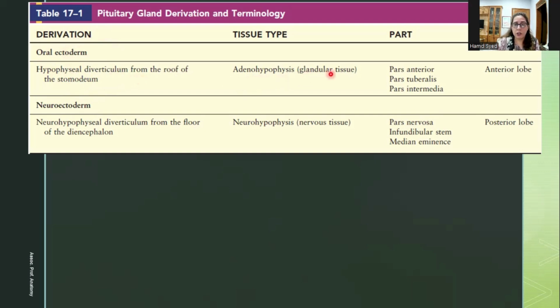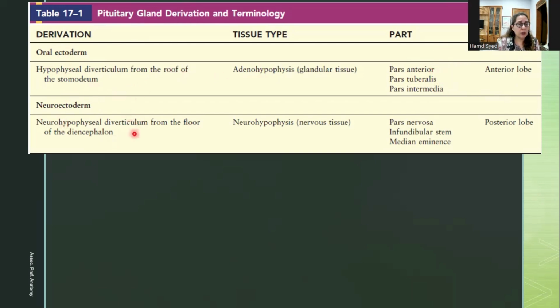This is the glandular tissue, and it is subdivided into three segments, namely pars anterior, pars tuberalis, and pars intermedia. We can also call this portion the anterior lobe of the pituitary.